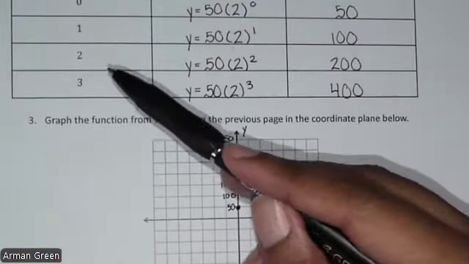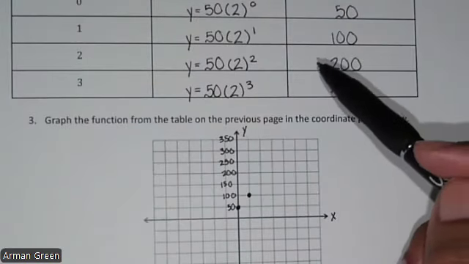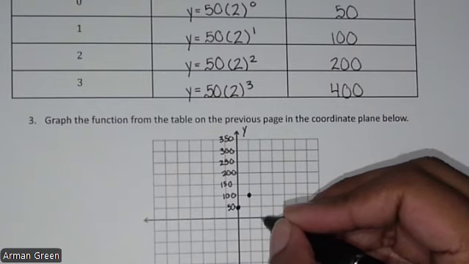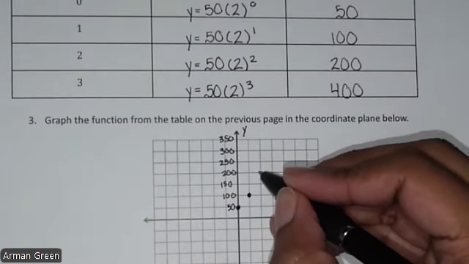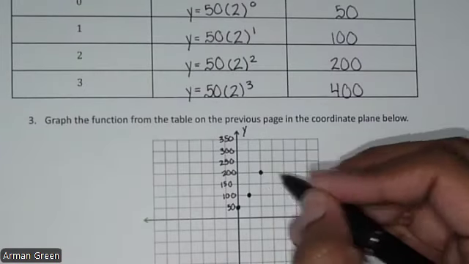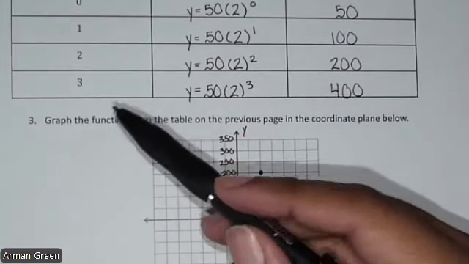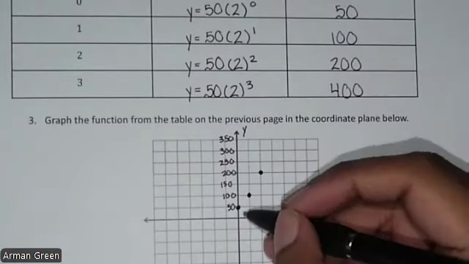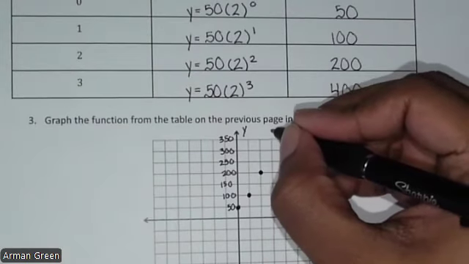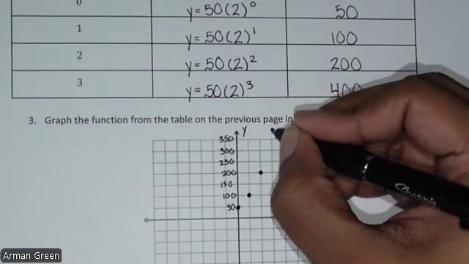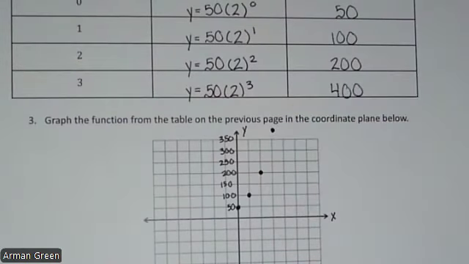Then when x is 2, our y value is 200. So I'm going to go 2 to the right, and then up to 200. And when x is 3, our y value is 400. 400 is a little bit off the grid here, so I'm just going to draw a point here at the top.